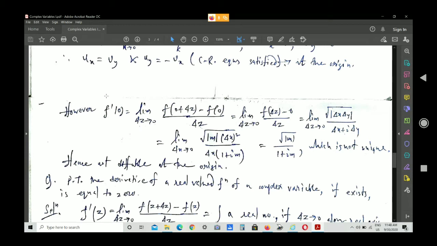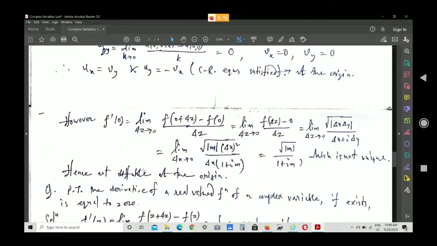I have not written it here, I'm telling you again, so write in the beginning that del z tends to 0 along y equal to mx. Then only we arrive at this expression. It depends on m, so if you change m, then the value of the limit also changes. So this limit is not unique, therefore it is not differentiable at the origin. Did you understand that?